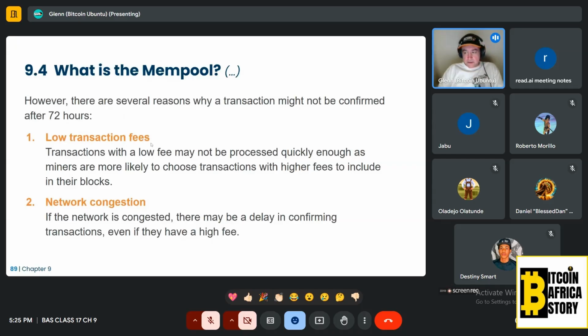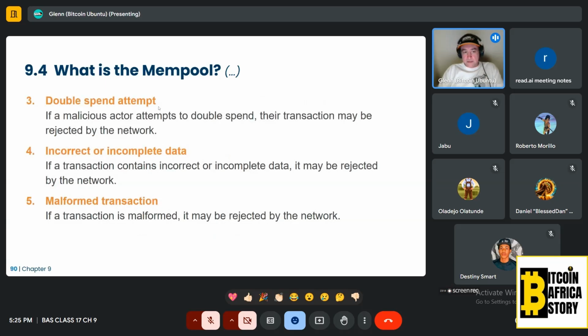1. Low transaction fees. Transactions with a low fee may not be processed quickly enough, as miners are more likely to choose transactions with higher fees to include in their blocks. 2. Network congestion. If the network is congested, there may be a delay in confirming transactions even if they have a high fee. 3. Double spend attempts.